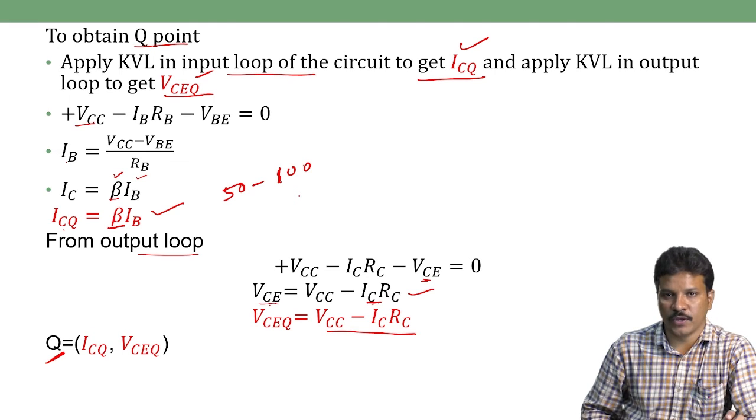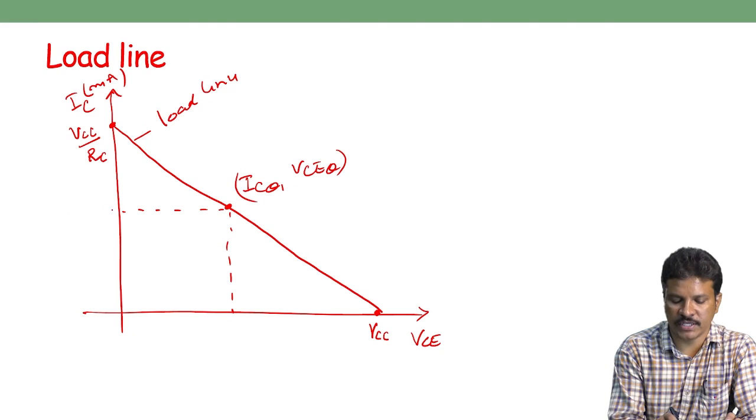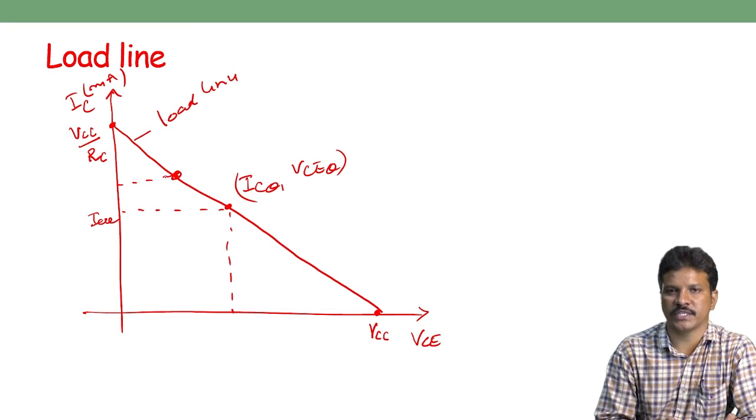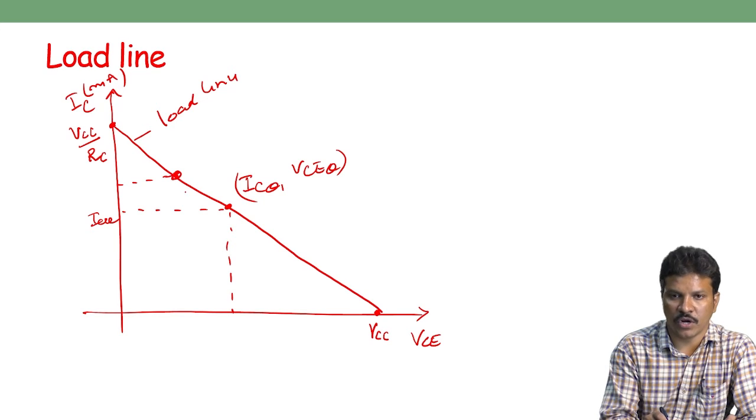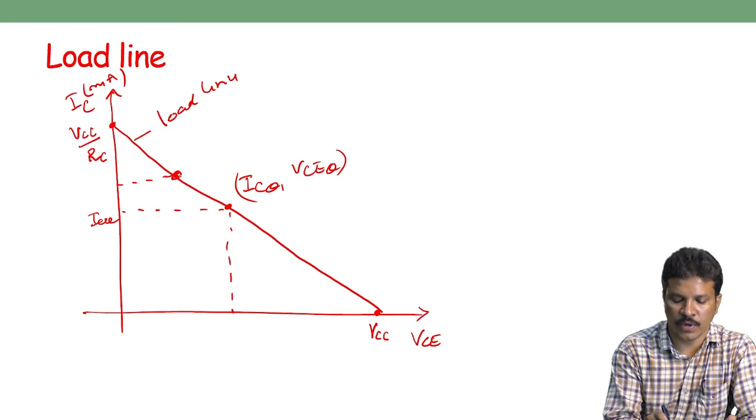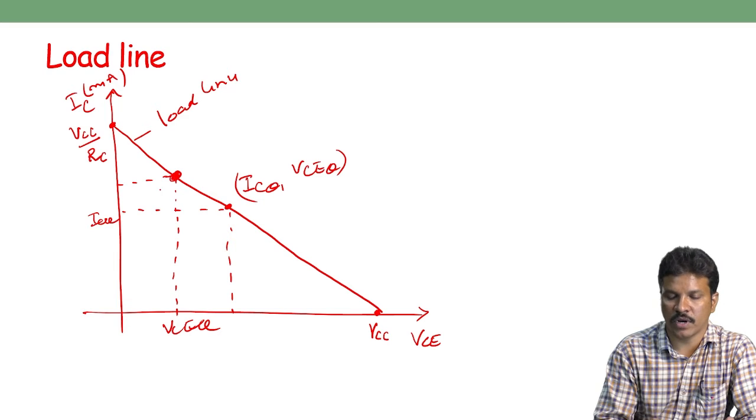Then the ICQ parameter changes, and in this area you will get the Q point changes. So you have to use this analysis. You will get this Q point, this one. Then VCQ is in this place. Then the Q point is placed here.